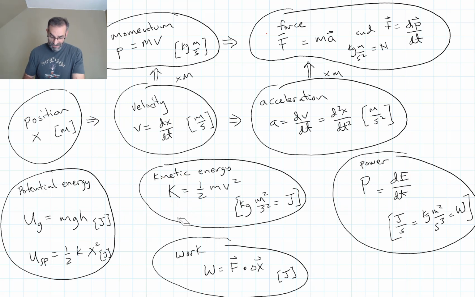We have work with a W, and watts, our unit for power, with a W. Those are the same. Anything else that's confusing here? I think that covers it. You have to know from the context what the symbol is. So that's what we've done this quarter. I hope this little summary helps.